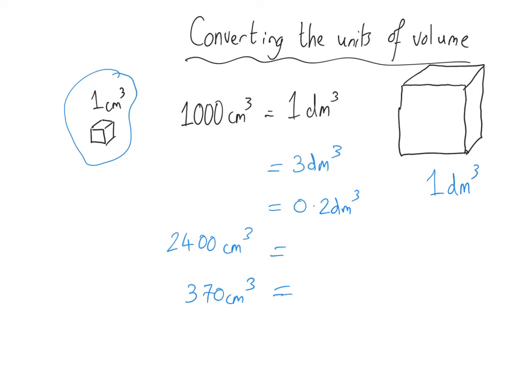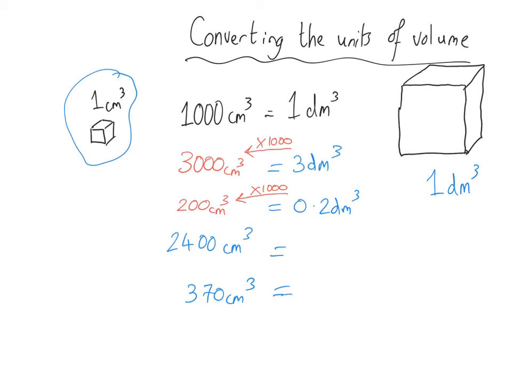We've got an example here where we've got 3 cubic decimeters, and I want to turn that into cubic centimetres. Since 1 cubic decimeter is much bigger than a cubic centimetre, we're obviously going to be multiplying by 1,000 as we go this way. So 3 cubic decimeters is 3,000 cubic centimetres. 0.2 cubic decimeters, again, we multiply by 1,000, and that's 200 cubic centimetres.